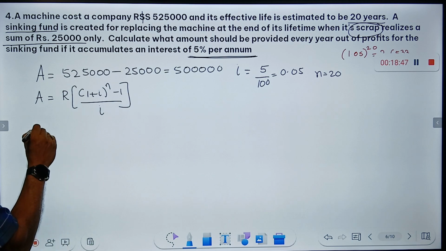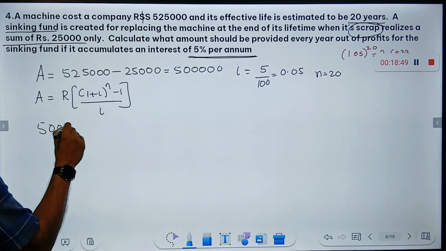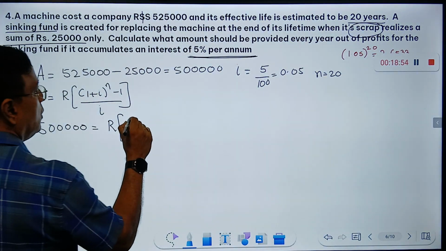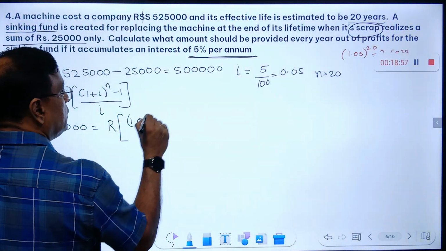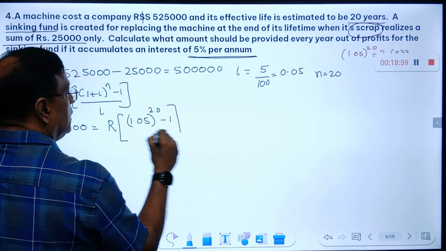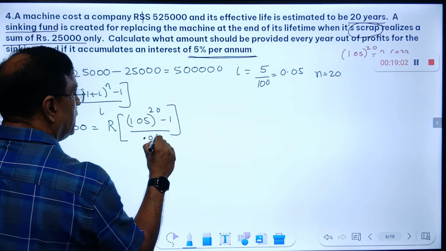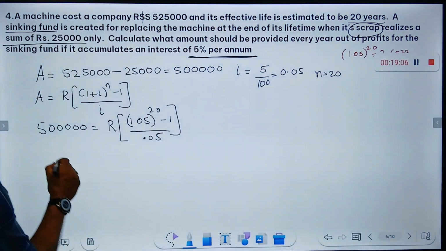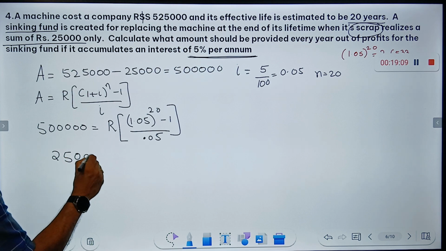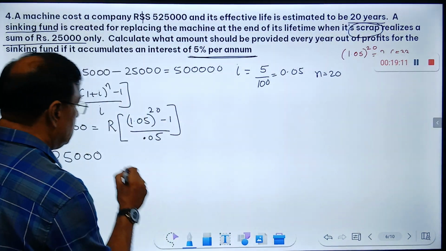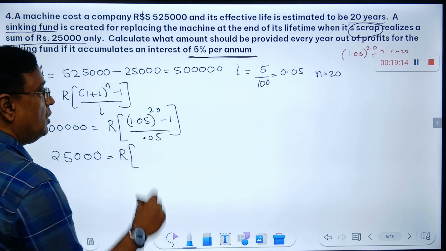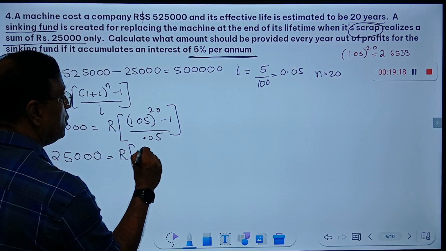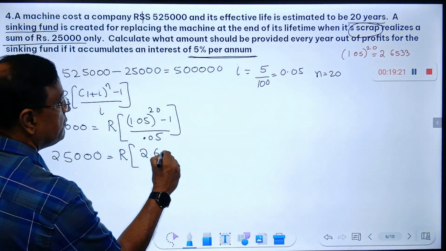What is this? 5 lakhs equal to R into, what is 1 plus i? 1.05 to the power 20 minus 1 divided by 0.05. Now you cross multiply. When you cross multiply, you get 25,000 equal to R into 1.05 to the power of 20 is 2.6533.